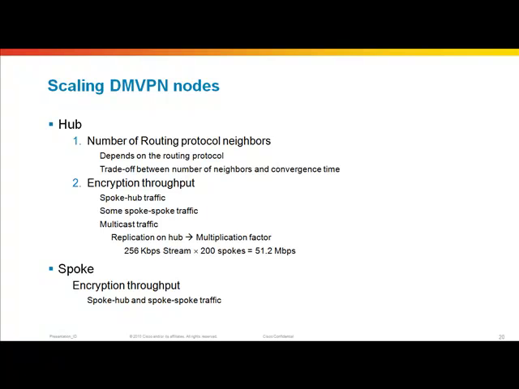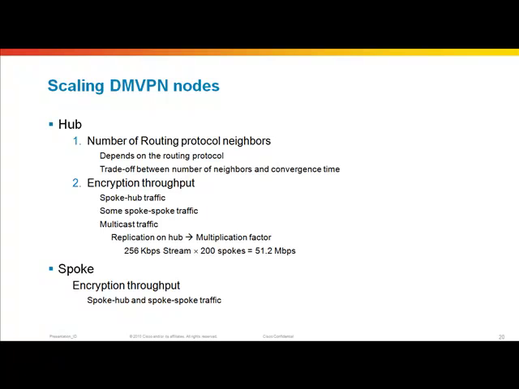There might be other sites. You might have a site that's a secondary data center that's not a DMVPN hub site. The DMVPN hub site is at the primary data center, but this is another site. It does have a fair amount of traffic, so you may want to stick a larger router there, maybe a 3945 or a 7200, because you know that a lot of the spokes, in addition to going to the primary data center through the main hub, are also going to go through the secondary data center to get some access.